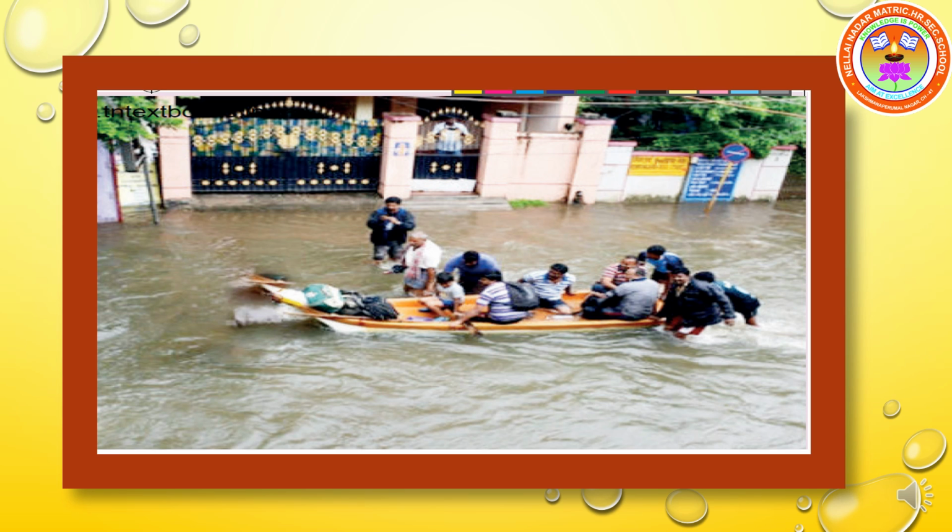Then, the high density of population in the developing countries, especially in the high risk coastal areas, means seashore areas, results in millions of people getting affected by natural disasters. Example, floods, cyclones, storm surges, etc.